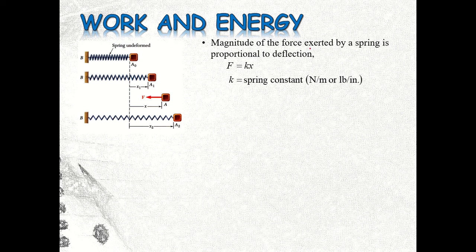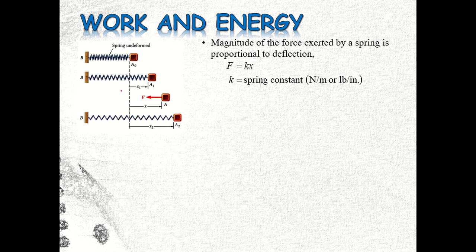The magnitude of the force exerted by the spring is proportional to deflection, meaning force is directly proportional to its displacement. So force equals K times x, where K is the spring constant in Newton per meter or pound per inch.